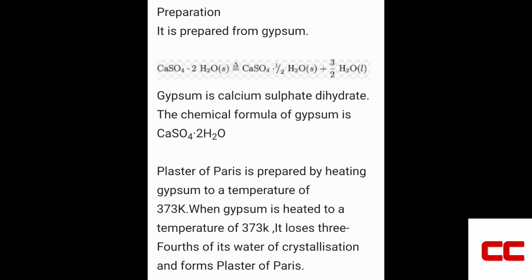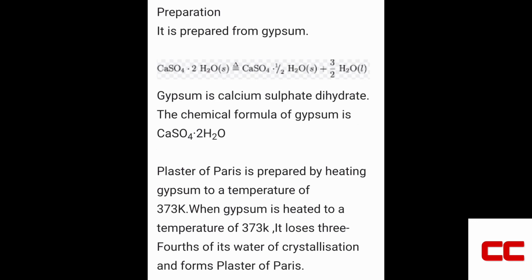How do you prepare plaster of Paris? You prepare plaster of Paris by heating gypsum to a temperature of 373 Kelvin. When gypsum is heated to 373 Kelvin, it loses 3/4 of its water of crystallization and forms plaster of Paris.